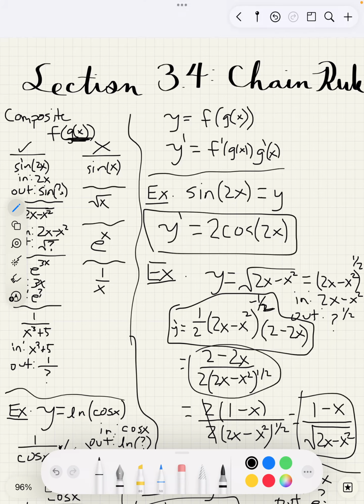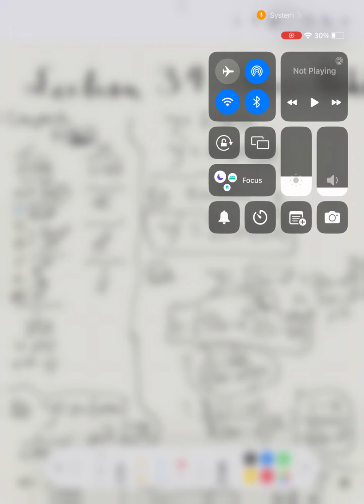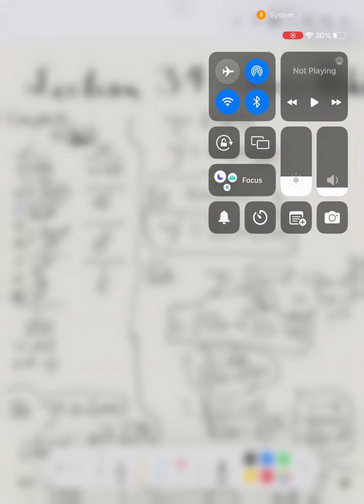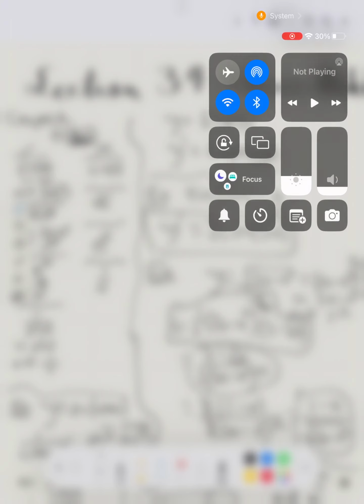This is something that you definitely are going to need to practice a lot because it is something that's going to come up a lot in this course and in future calculus courses. Cal 2 for sure, Cal 3 a bit too. So yeah, that is my spiel for today.